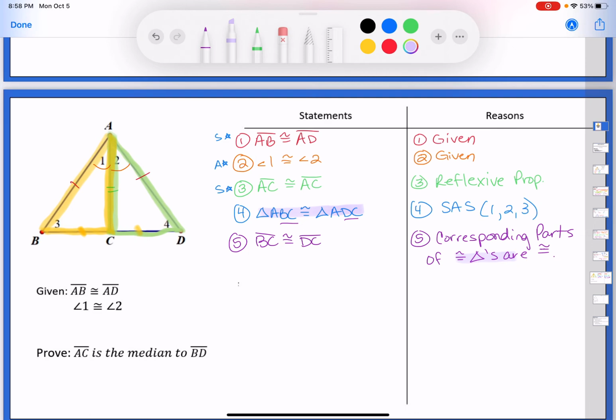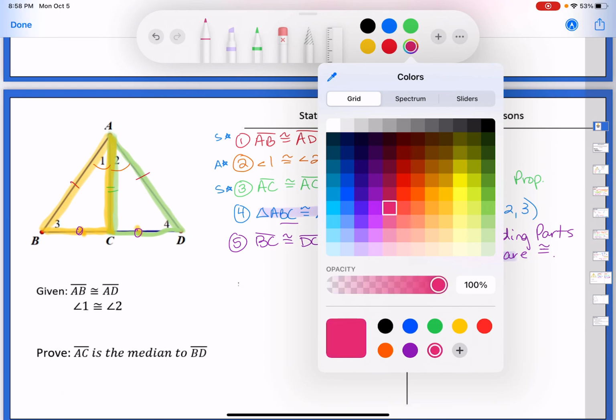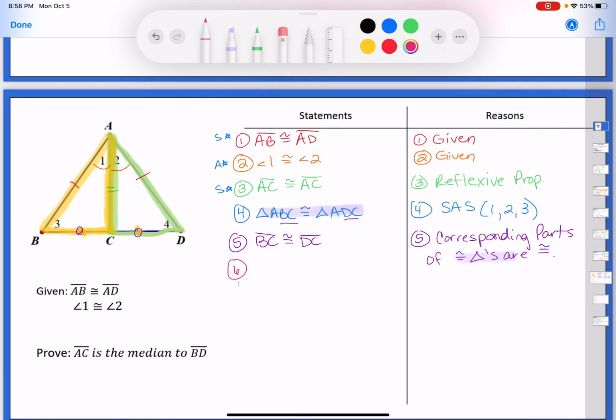Okay, so I just proved that those two segments were congruent. So AC is coming from a vertex, and it is splitting the opposite side into two congruent parts. So I am ready to write my proof statement. Step 6, AC is the median to BD. And now I have to make sure I get my if-then form in the correct order, right?